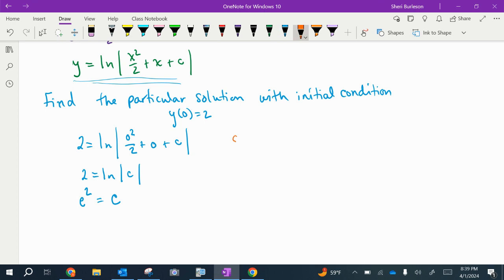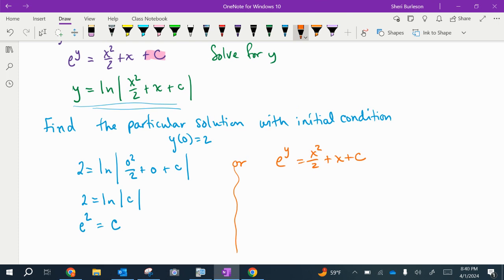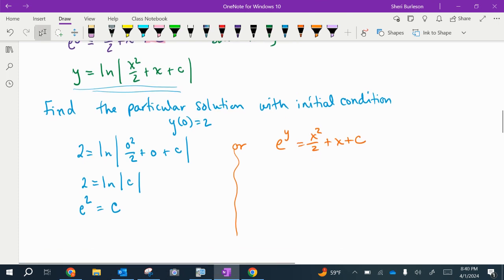The other way is once I had done the integration, I can substitute in, because there's the constant in the problem, so I can solve for it there.